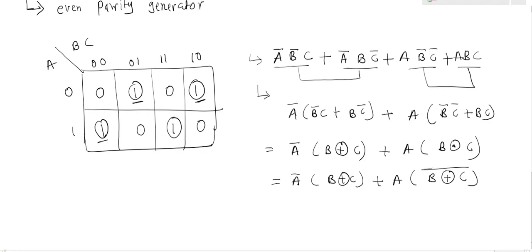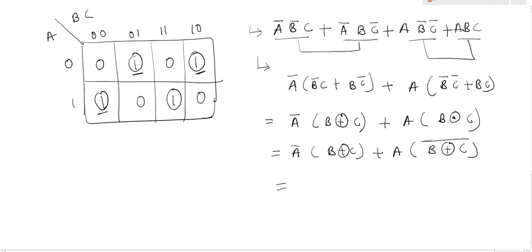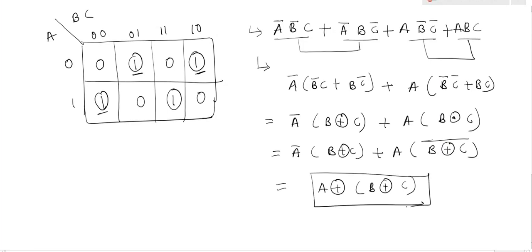Now again I know that A bar B plus A B bar is A XOR B. Now I can rewrite the expression as A XOR B XOR C. This is the simplified expression of the even parity generator.